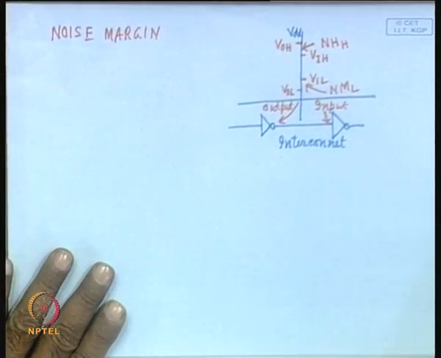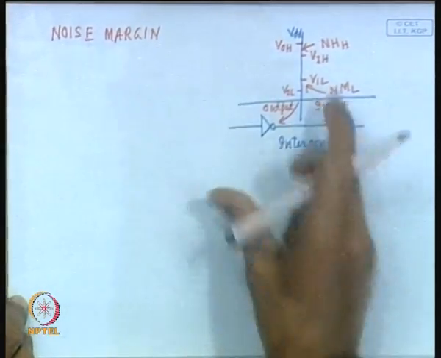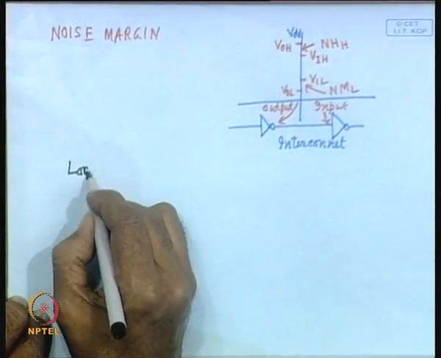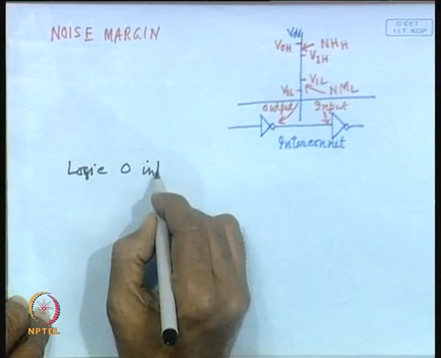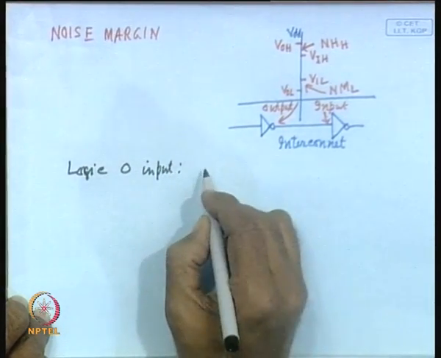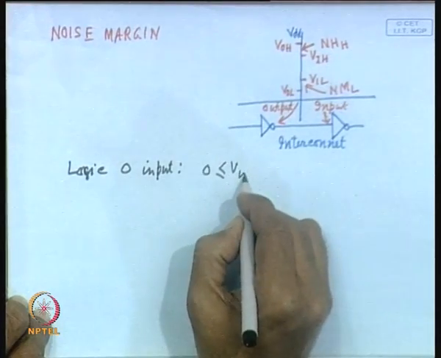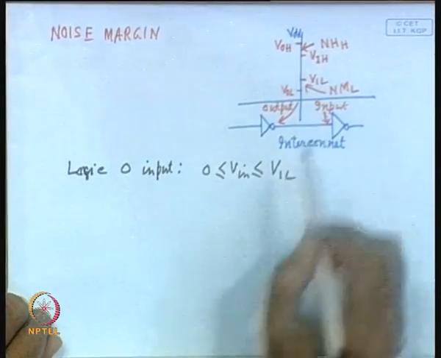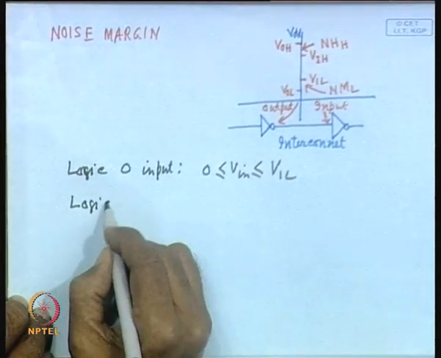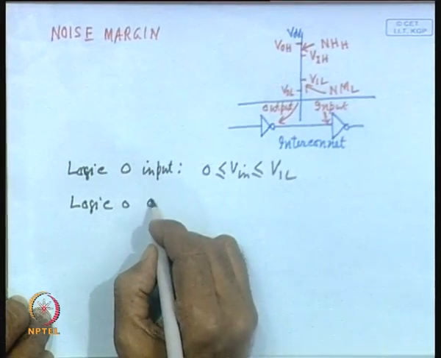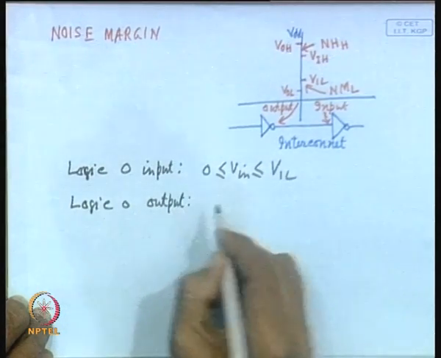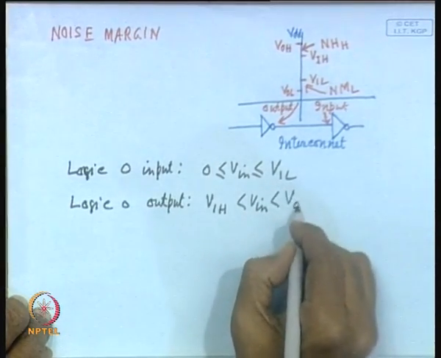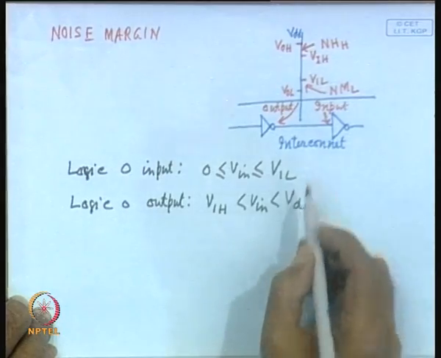Now, let us write down various equations for NMH, NML and so on. When you are getting logic 0 input, it remains in what range? 0 less than or equal to Vin less than or equal to VIL. This is the logic level output possible, we have seen, and logic 0 output is in the range VIH to VDD.